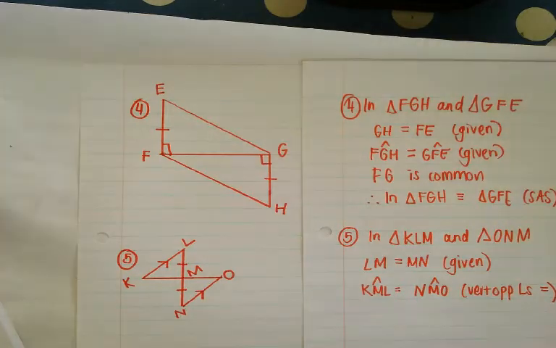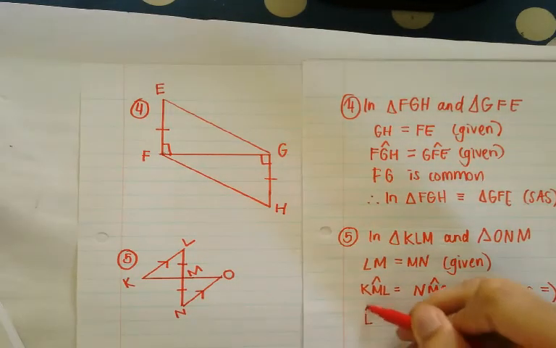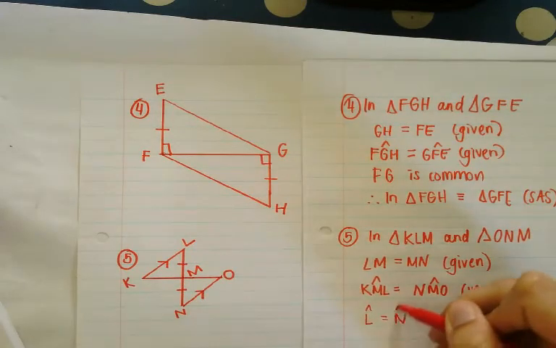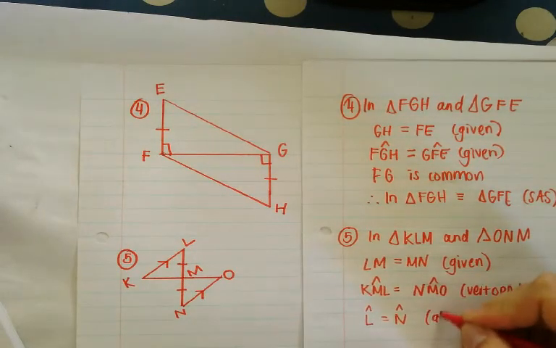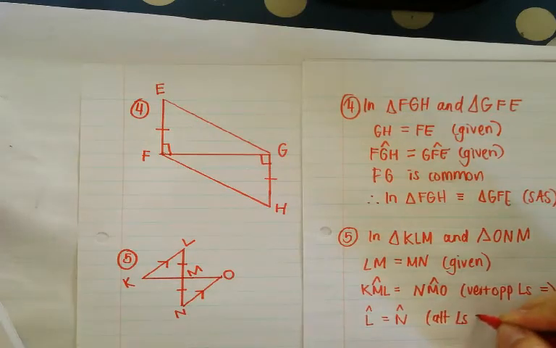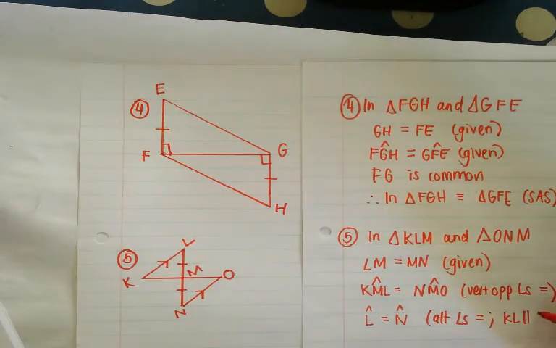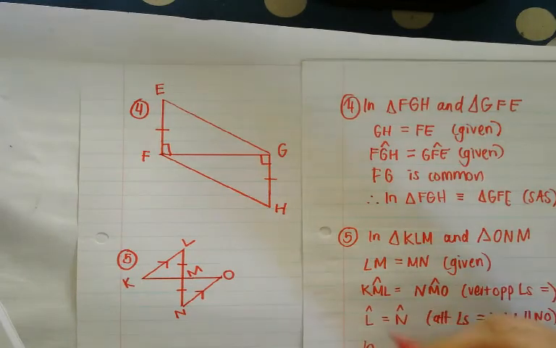And then I can do an L and an N. There's only one angle there, so I can use 1. And that is alternate angles are equal because KL is parallel to NO. You could have done both alternates, that's okay. Or one alternate and one vertically opposite, that's fine.